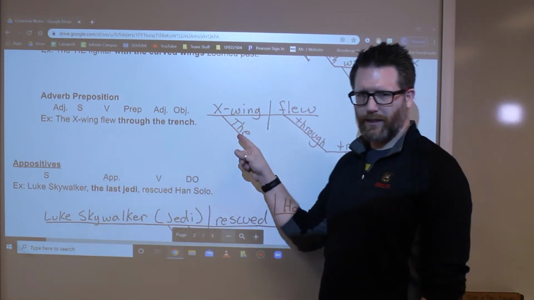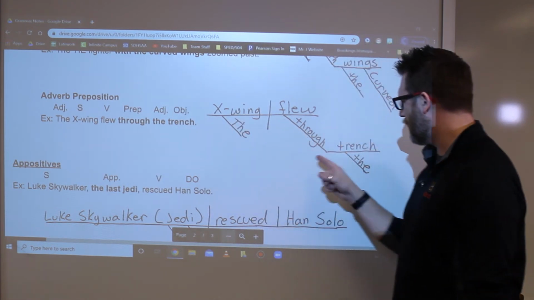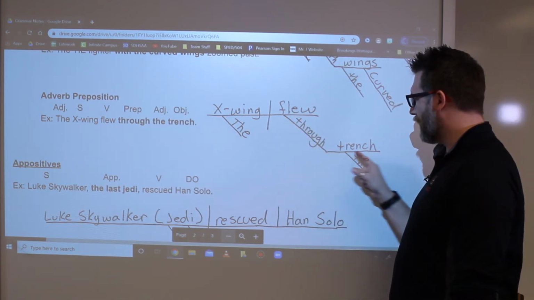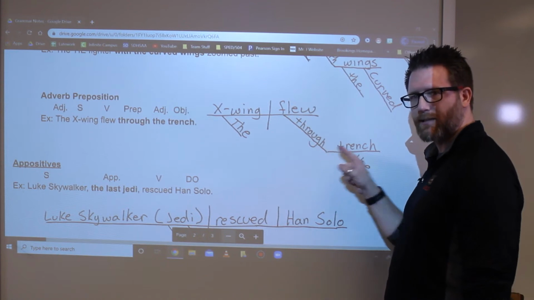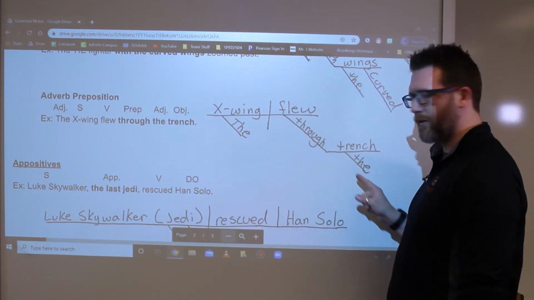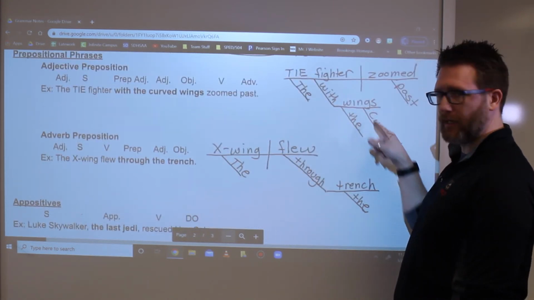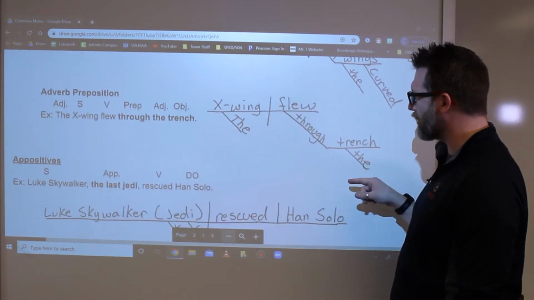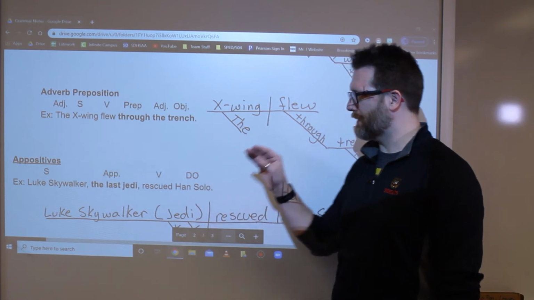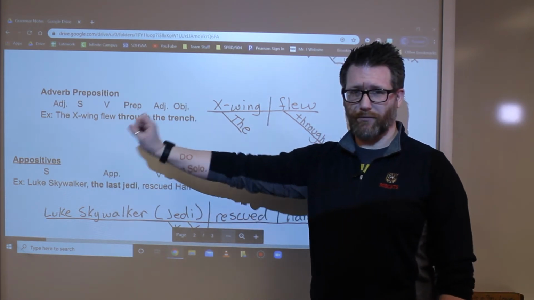Then the is describing the X-wing. And then over here, notice that same type of look. It's always going to be a slant plus a shelf, plus most of the time another slant underneath, or a couple different slants, like up here. Since this is an adverb prepositional phrase, it's describing where the X-wing flew.